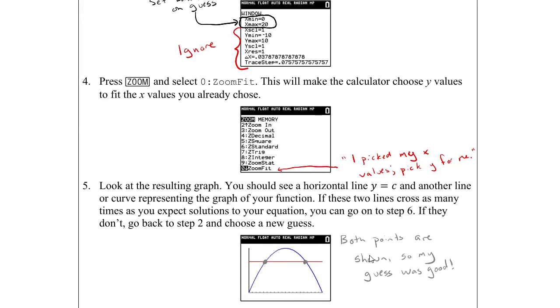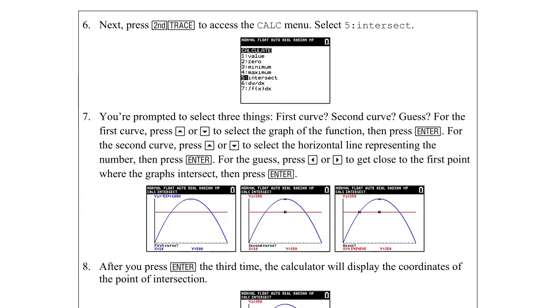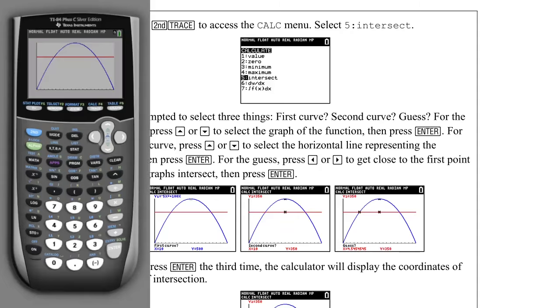What I need to know in order to have solutions to my equation is what are those 2 points of intersection? To find them, I'm going to use a function on the calculator called intersect. Whenever I'm finding specific points on a graph using the calculator, I want to access this calc menu among these graphing buttons.